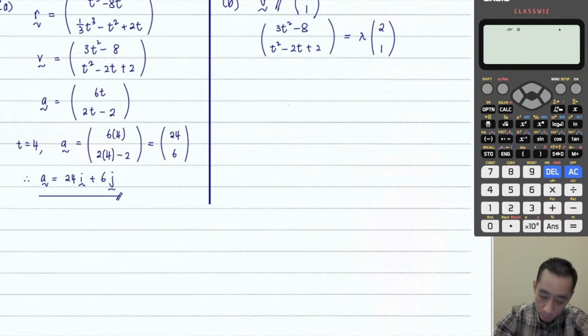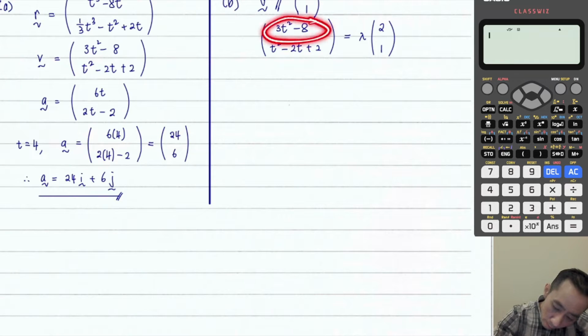Okay, so here, just do comparing. So 3t squared minus 8 is lambda times 2. So here I have 3t squared minus 8 equals 2 lambda.